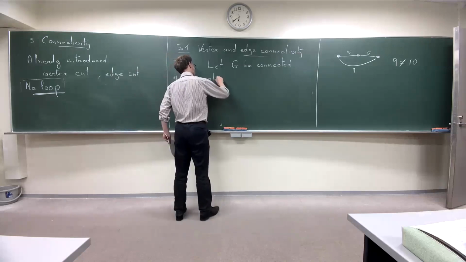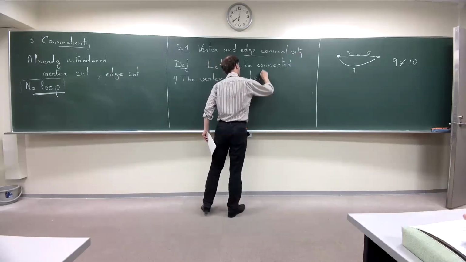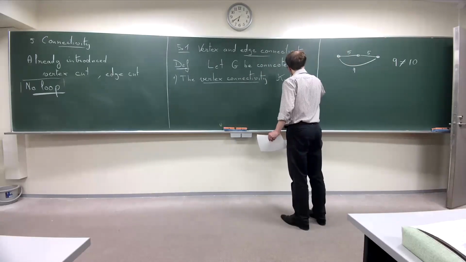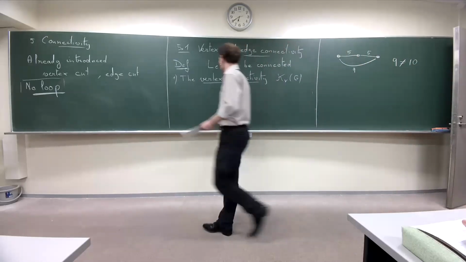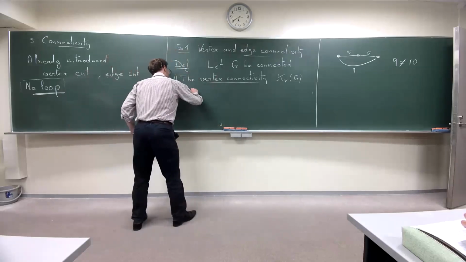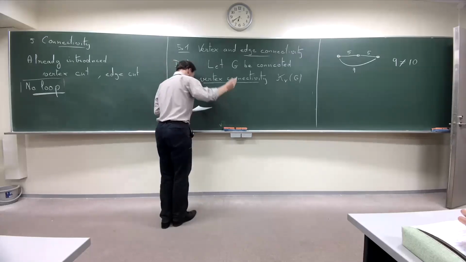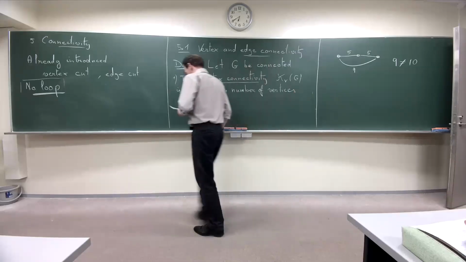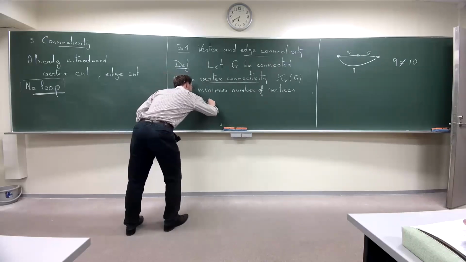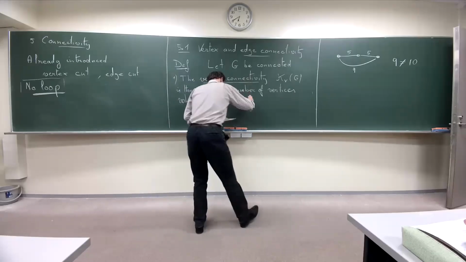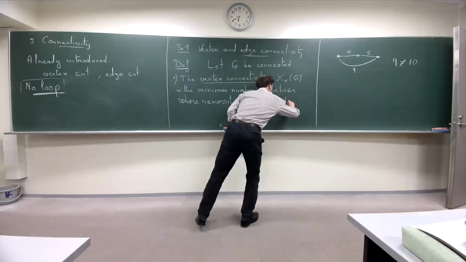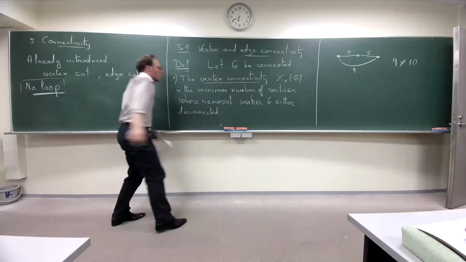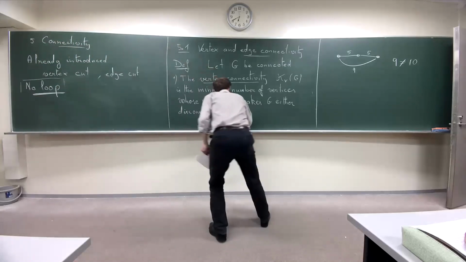The vertex connectivity, and we denote it by kappa V of G. V is for, because we deal with vertex or vertices, is the minimum number of vertices so that when you remove them, whose removal makes G either disconnected or just a one point, so just one vertex, or one vertex graph.